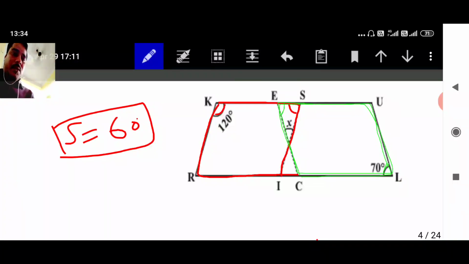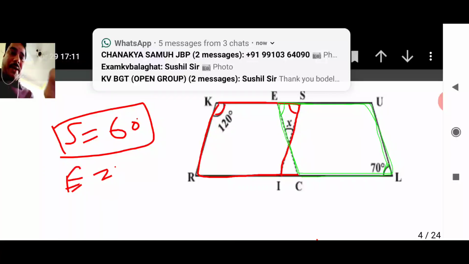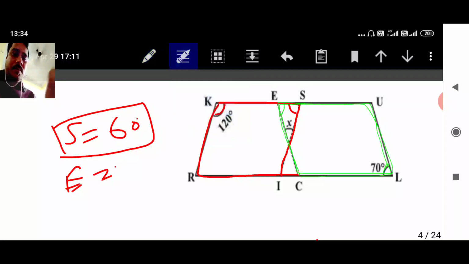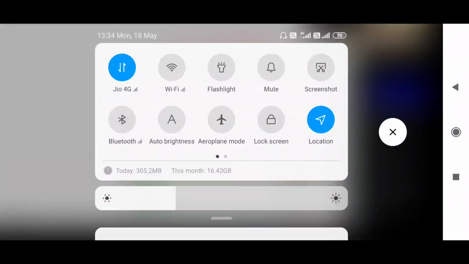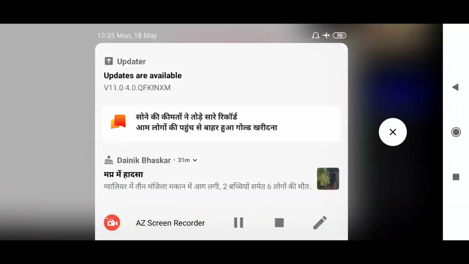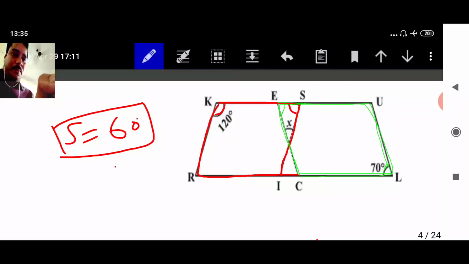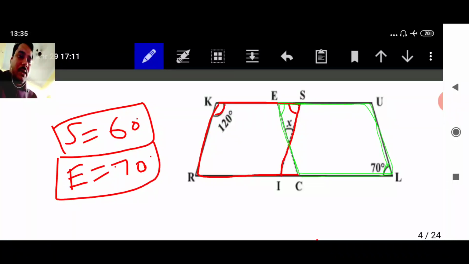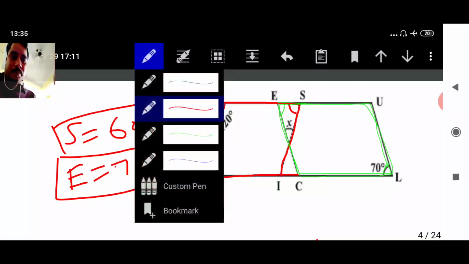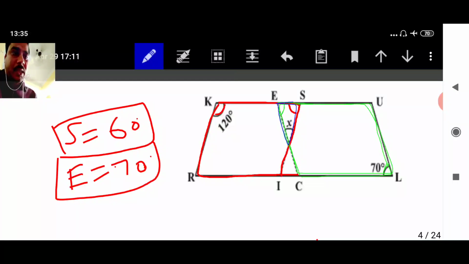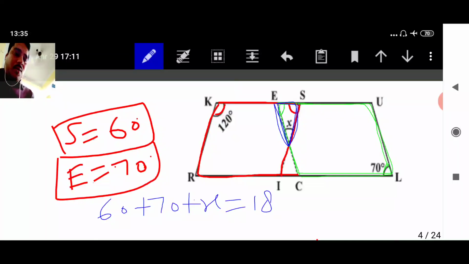Because L is opposite to E, E equal to 70 degrees. Now L is the opposite angle of E. Now in this triangle ESO, S plus E and X, 60 plus 70 plus X equal to 180.